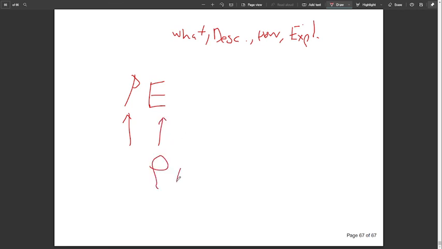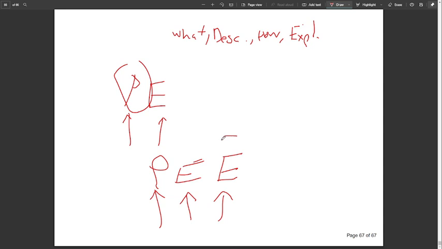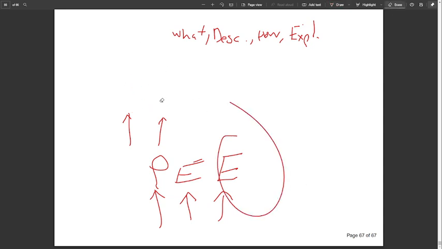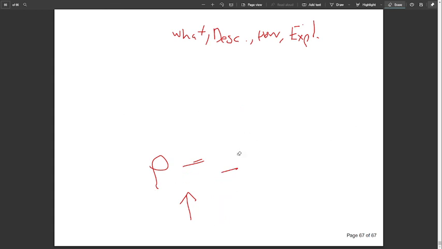Sometimes you'll use a PEE system, so if you can't find as many points, then you can use evidence to back up that point, and that will gain you an extra mark once you explain it as well. So that's for describing. And then what, that's a very simple one. That's normally a 1 mark question. It's asking you to literally state one thing.